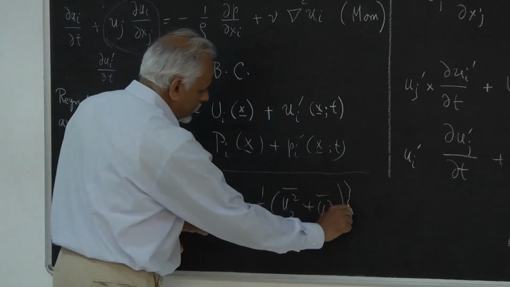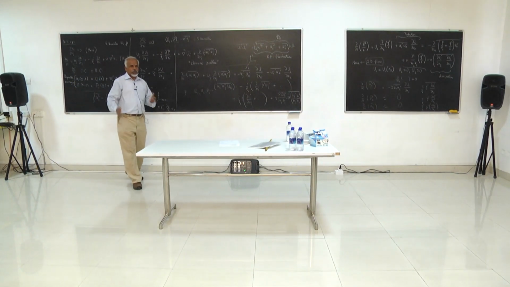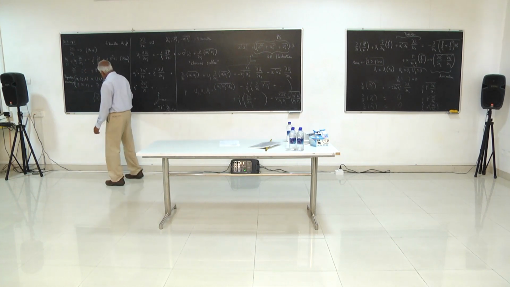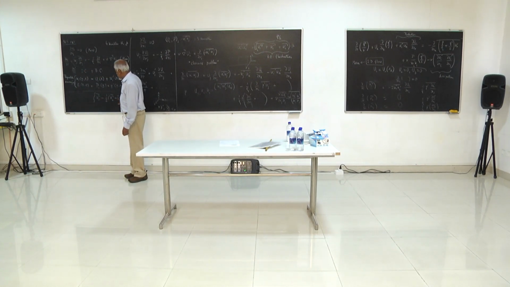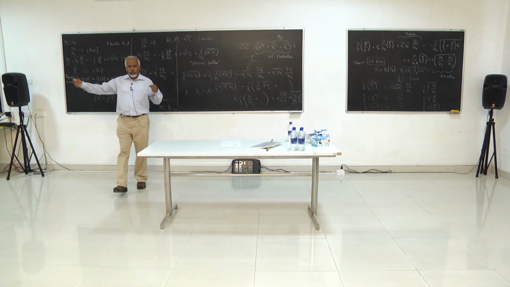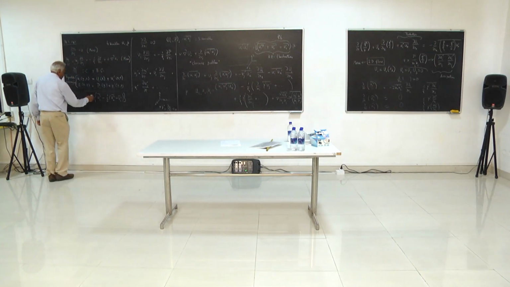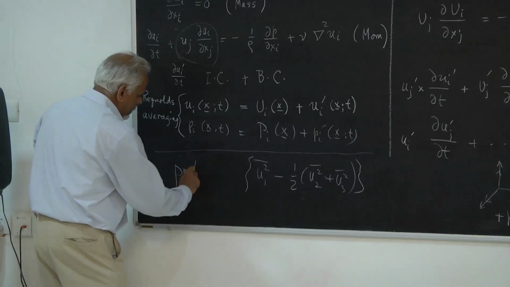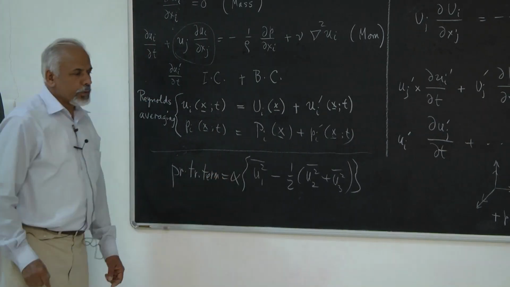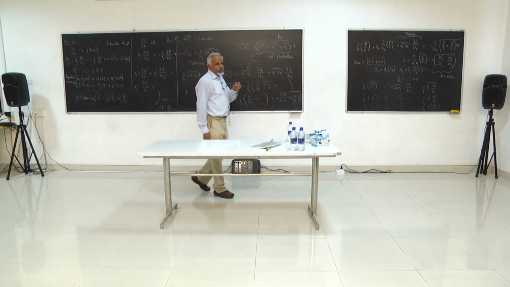If this were 0, then there is nothing to transfer, right? Because they are all roughly equal and there is nothing to transfer. But if they are not 0, there is something to transfer by pressure terms. And the larger this quantity, that is, the larger the difference between one component and the two other components, the larger the magnitude of the pressure transfer. So the pressure transfer term, which is what I have there, is often written as proportional to something like that. You can make it more sophisticated, but that's the general idea.